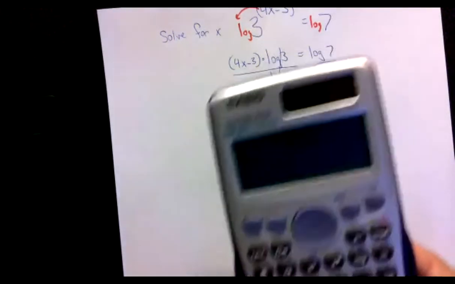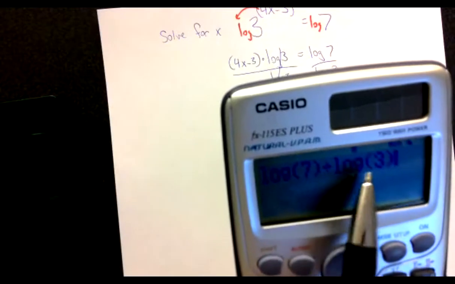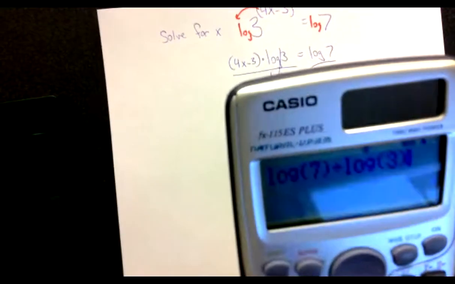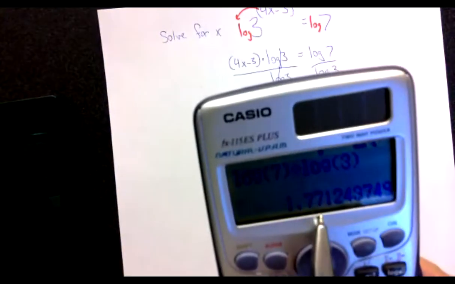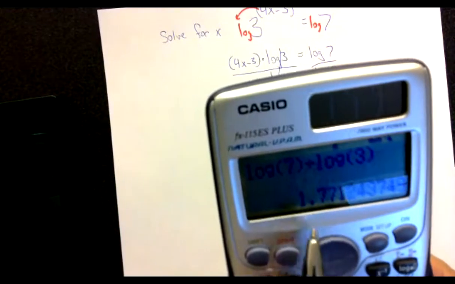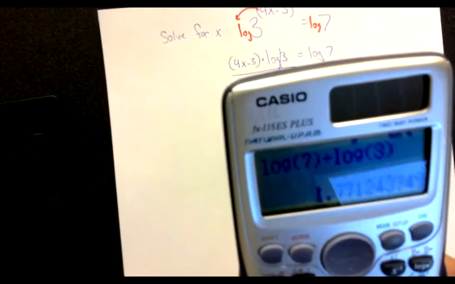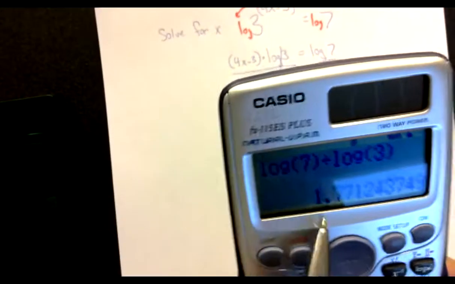I'm typing in log of 7 divided by log of 3, making sure to close my parentheses, and I'm going to hit equals, and I'm going to get some crazy decimal. Leave that decimal stored in your calculator. You can write it down if you want, but don't round it yet. We don't want to round until we're finally done.